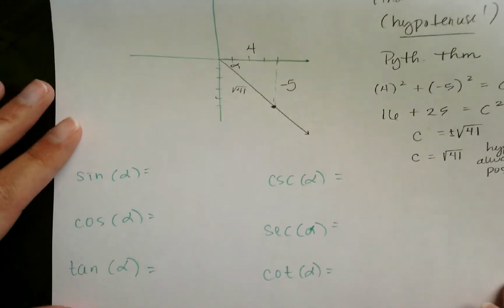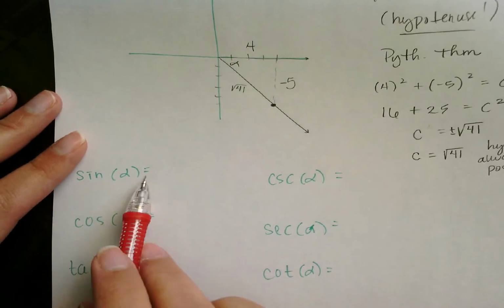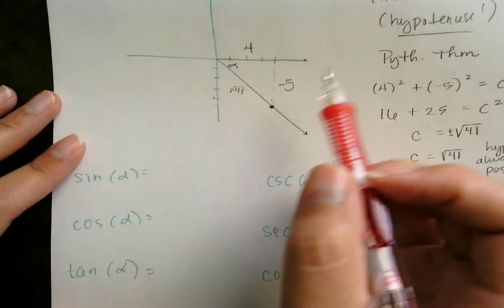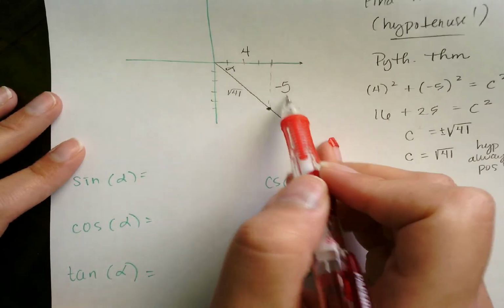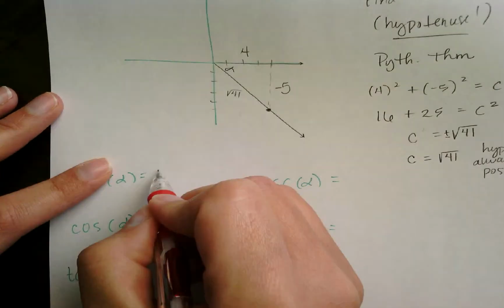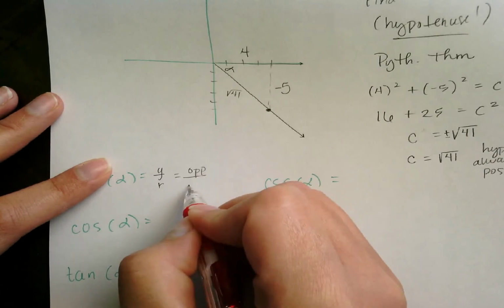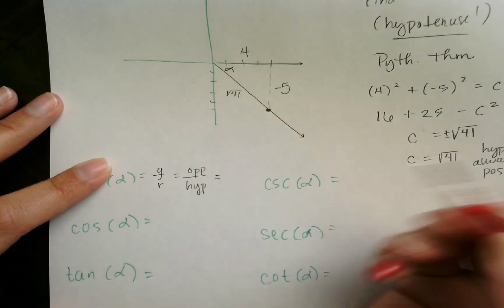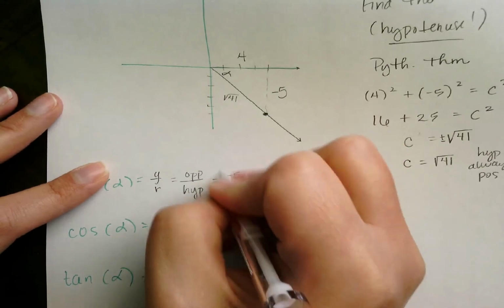So here we go. Sine of alpha. That is opposite, so here's my alpha, opposite over hypotenuse, or y over r. However you want to think it, y over r, or opposite over hypotenuse, I'm okay with either one. It's negative 5 over square root of 41.